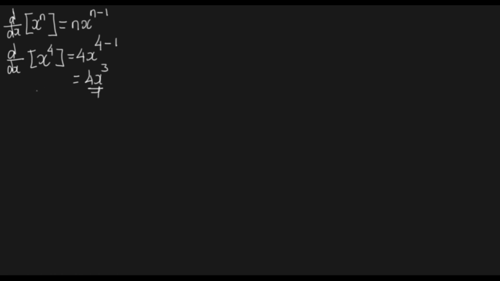This will give us 4x to the power 3. Now the integration is the opposite, the inverse. So the integral in terms of the power rule, if we have x raised to the power n dx, can be integrated by adding 1 to the exponent, over n plus 1, then plus c. Let's say we want to integrate 4x raised to the power 3.